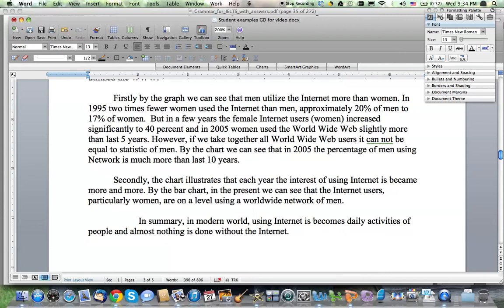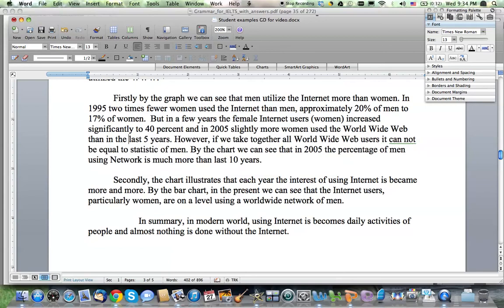In 2005, we need to move our slightly more back here because it's the number of women, not the amount of use. Slightly more women use the World Wide Web than in the, let's say, previous 5 years.